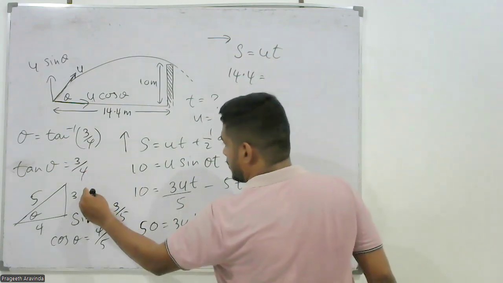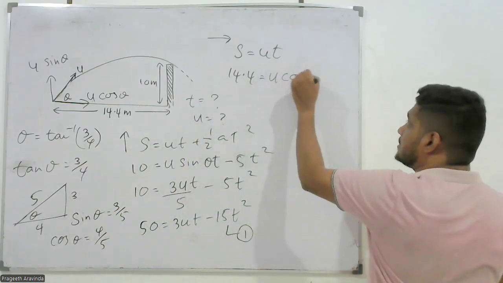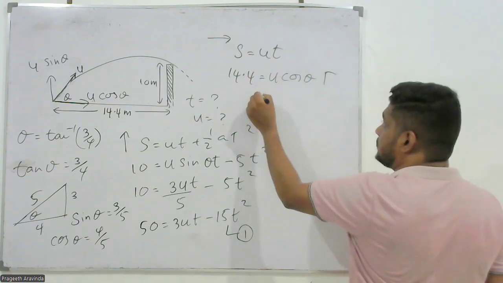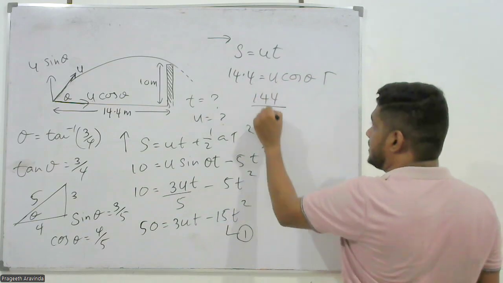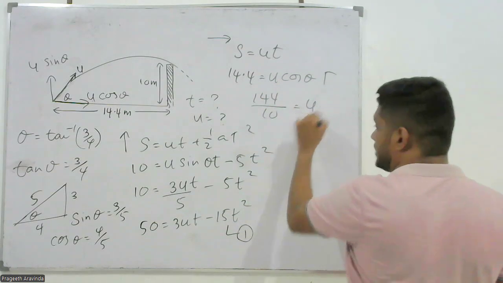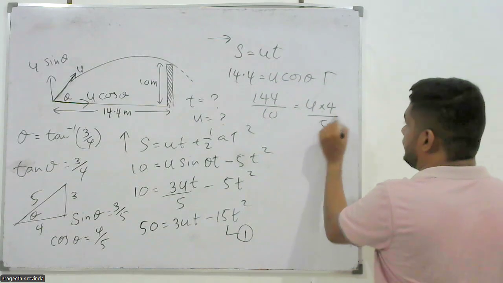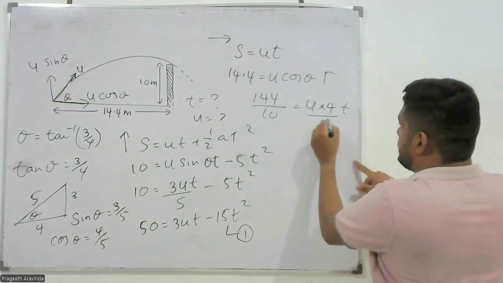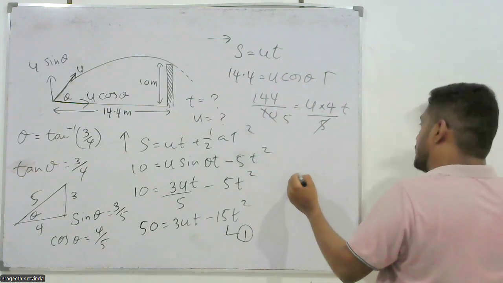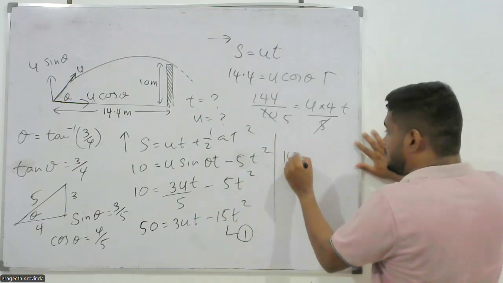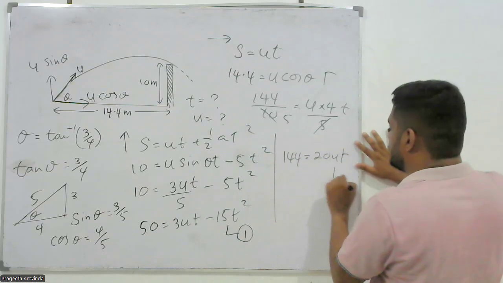So 14.4 equals u cos theta t, 144 divided by 10 equals u times 4 divided by 5 into t. Cross multiply with 5: 144 equals 20ut. Equation number 2.